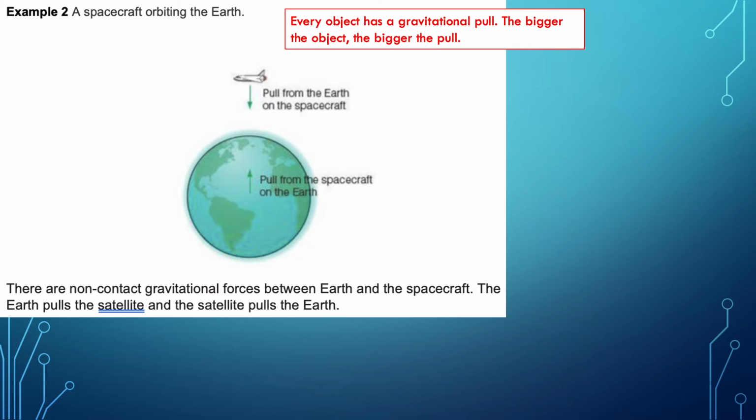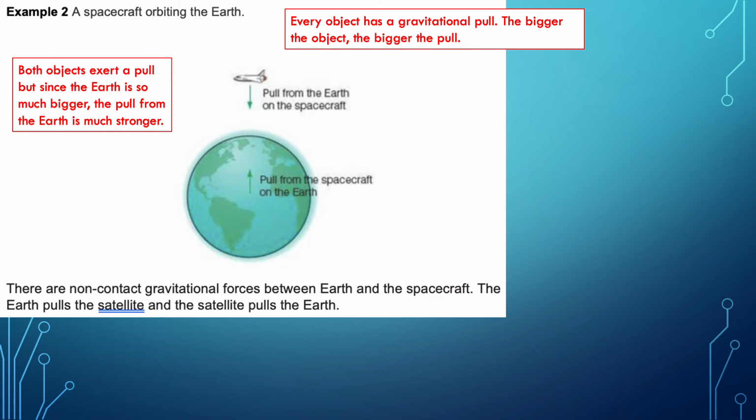The only reason why the Earth isn't pulled towards us is because the Earth is gigantic, right? So the Earth actually has a much, much stronger pull that negates or cancels out whatever force we're exerting on it. Okay? So that's how gravitational forces work. And if you go into a higher level of physics, you actually learn something about this.